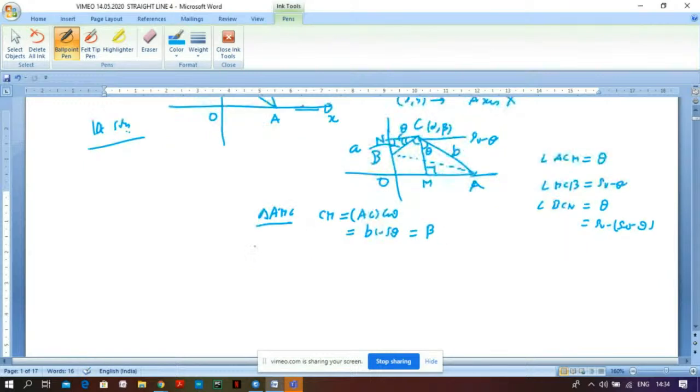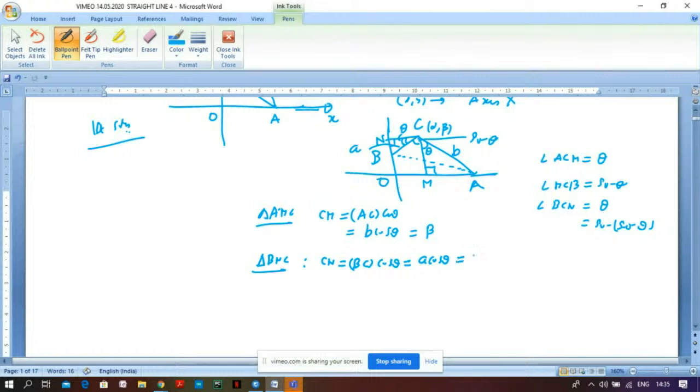Similarly, in triangle BNC, CN equals BC times cos theta. BC is a, so that's a cos theta.